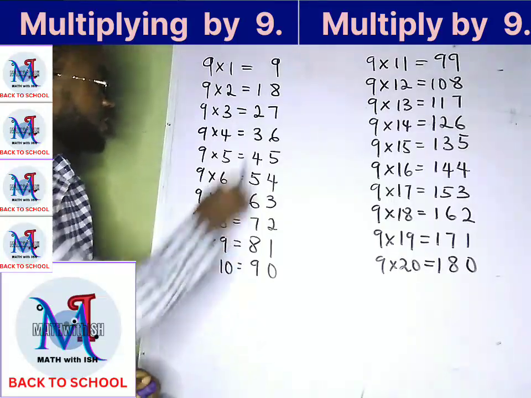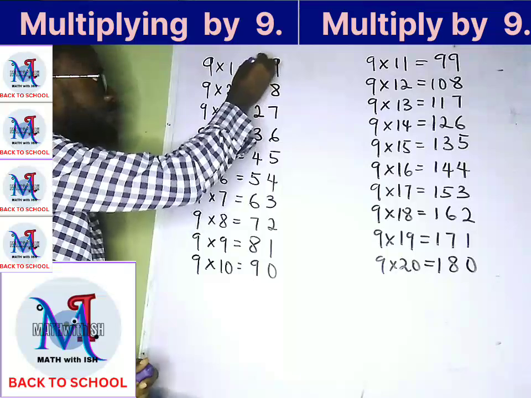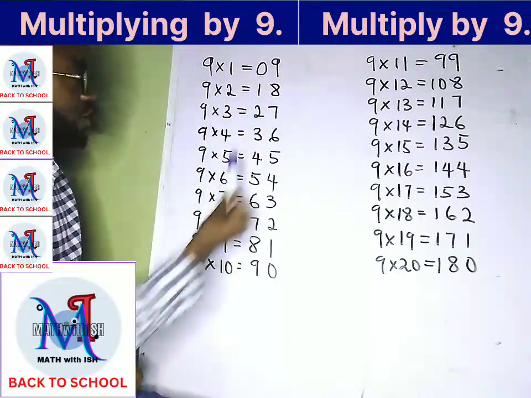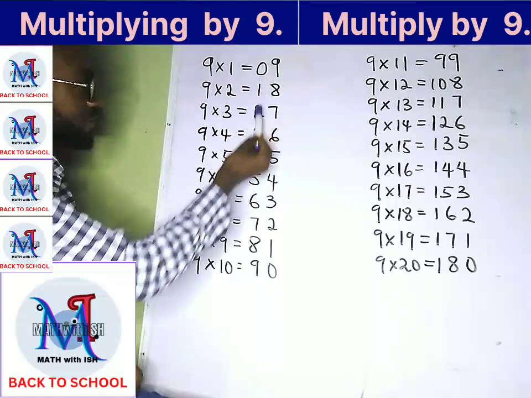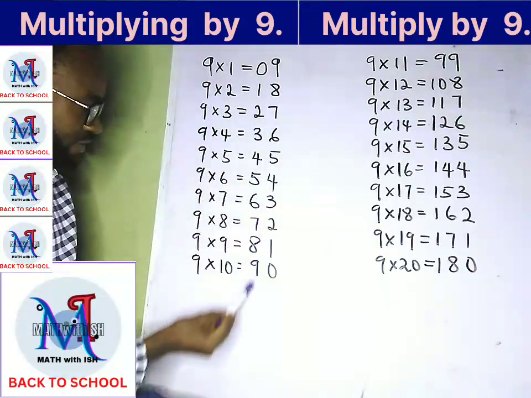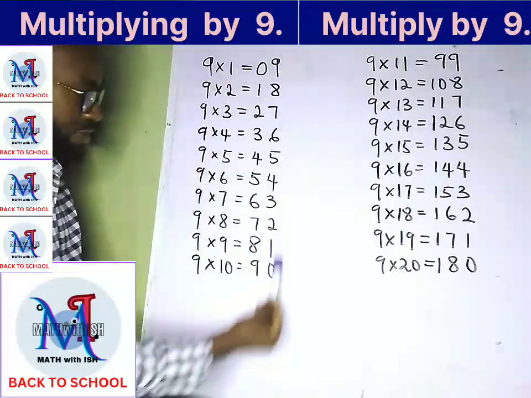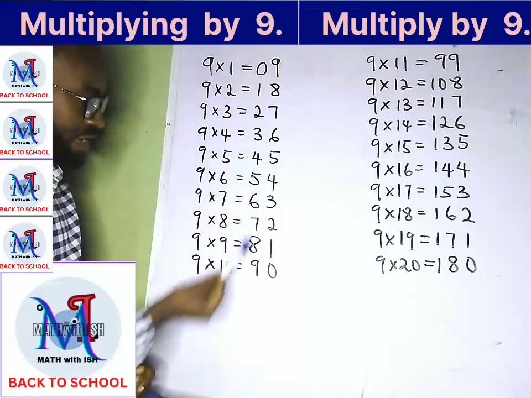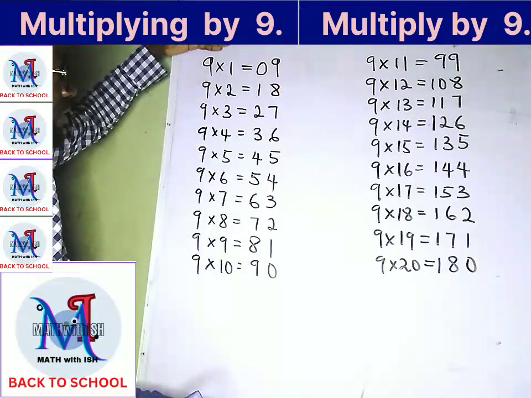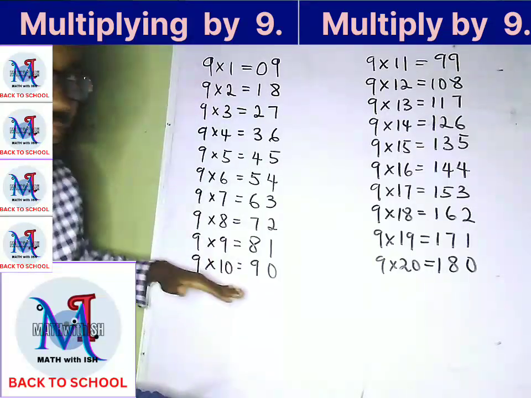For the first digit, if I decide to add 0 in front of this 9 here, you discover that the numbers in the first digit are all ascending: 0, 1, 2, 3, 4, 5, 6 down to 9. So the last digits are descending while the first digits are ascending, and this applies to the first 10.